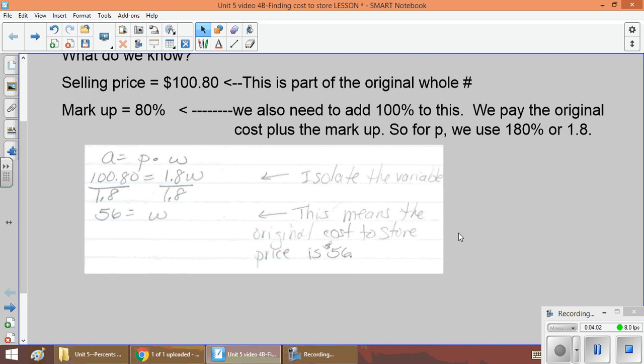So some of you might be wondering, well, what the heck? Why are they adding so much more to this item? Well, the store, they have bills they need to pay. They have electric bills, employees they need to pay. They have all sorts of bills that need to be covered. And if they took this $56 dress and sold it to you for $56, the store is making $0, so they wouldn't be able to survive for much at all, if at all.